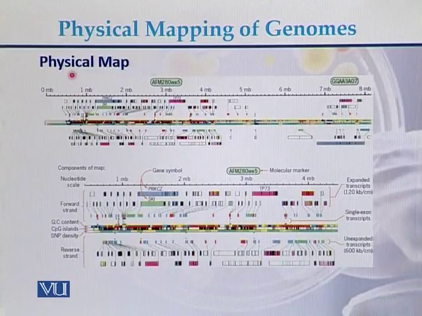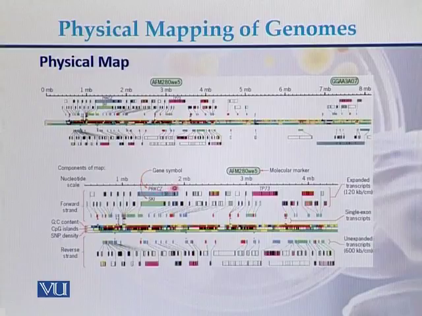Here is a detailed structure of a physical map in which we can see the DNA in the form of Mb: 0 Mb, 1 Mb, 2 Mb and 3 Mb. This is a marker that is located at the 3 Mb location. So these are the genes. There is another marker between 7 Mb and 8 Mb of DNA.